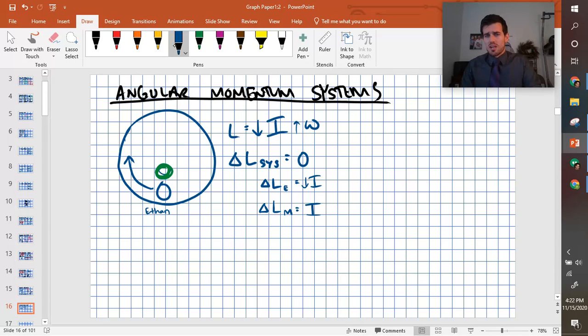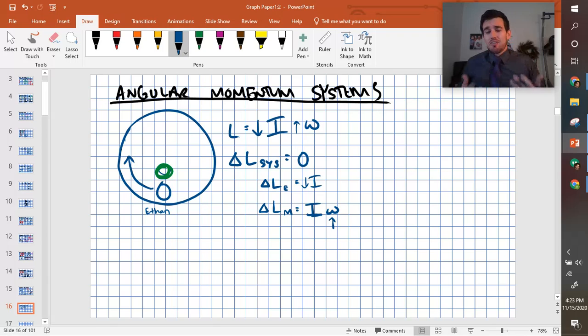That's interesting because we know something else about it does change: it starts spinning faster. So the angular momentum of this part of the system was not conserved here, because now the merry-go-round actually has more angular momentum than it did before.